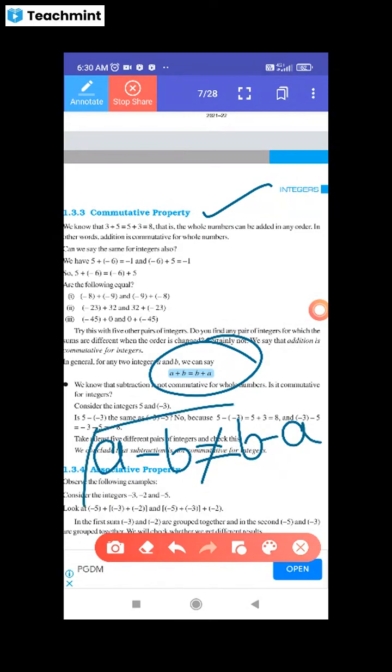Write down this one also. It means commutative property under subtraction is not possible. That's it. Clear? Yes, ma'am.